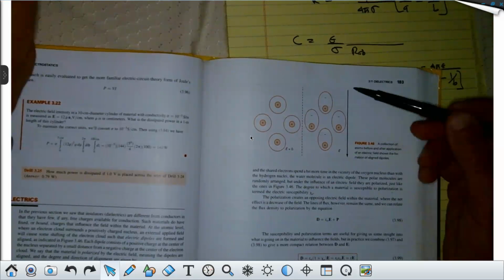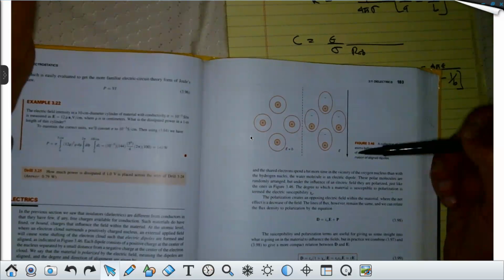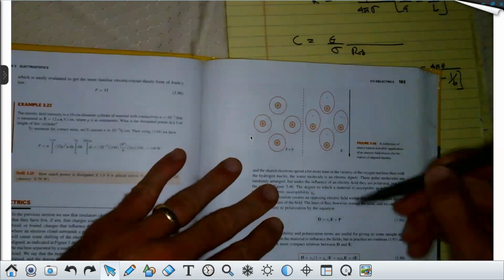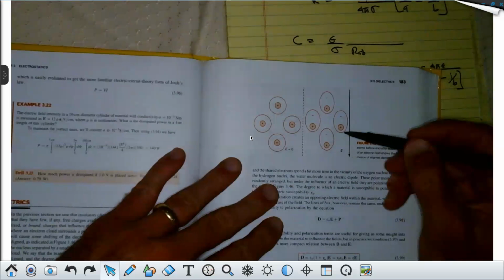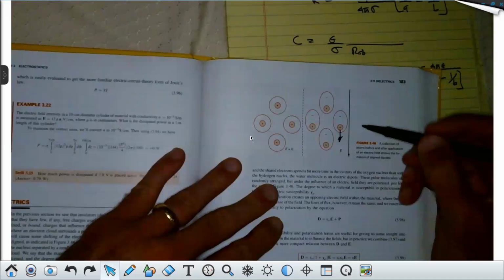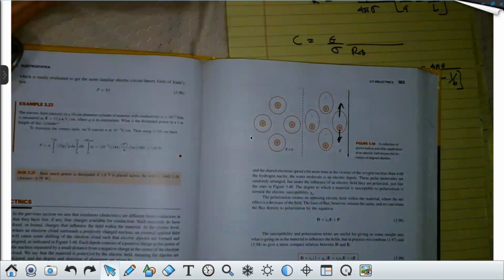Press an electric field in a system where there's dielectric. The positive charge is stretched in the direction of the electric field, and the negative charge is going to go in the opposite direction. So what happens when you put an electric field in here? This electric field puts a force in this direction on the positive and in this direction on the negative, and it stretches the molecule. That should make sense to you intuitively. Follow me?